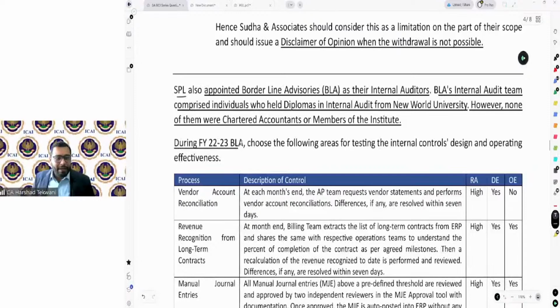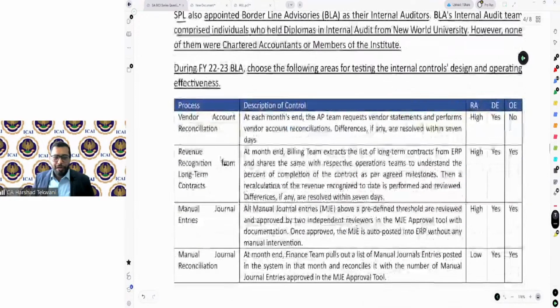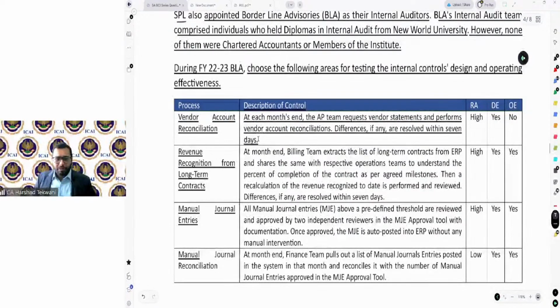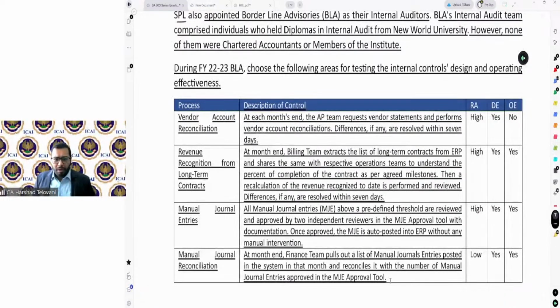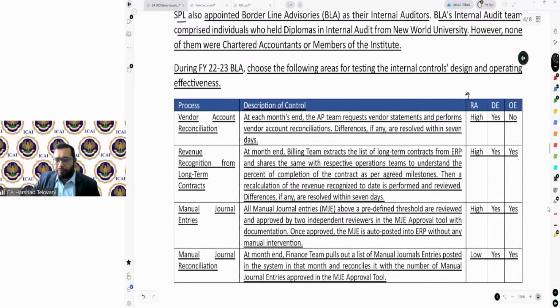During FY 22-23, BLA, the internal auditors, chose the following areas for testing of the internal control design and operating effectiveness. So they chose this particular thing: process, control description, and the risk assessment, design and operating effectiveness.